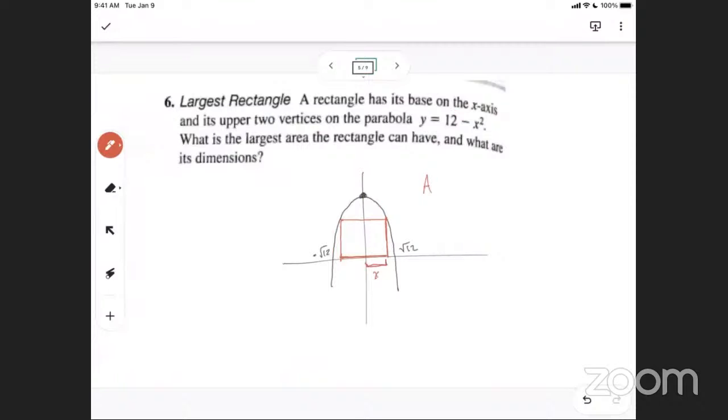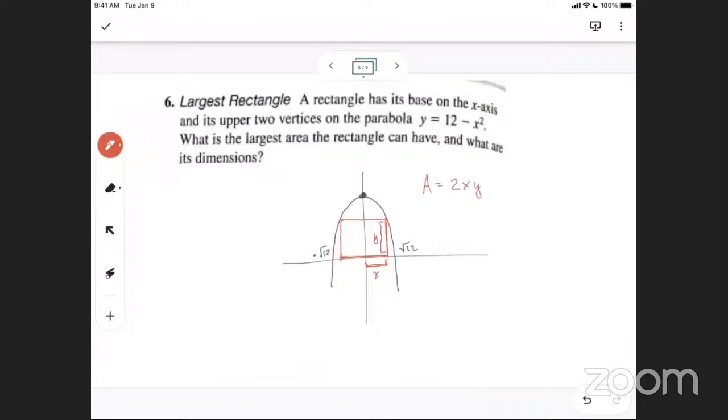Okay, I think that'll make it easier for us to do. But this is going to be our y right here. The full thing is going to be our y. So what's the area of this rectangle? It's equal to 2 of the x's by how I've labeled it, right? It's equal to 2x times y. You understand how I came up with that?